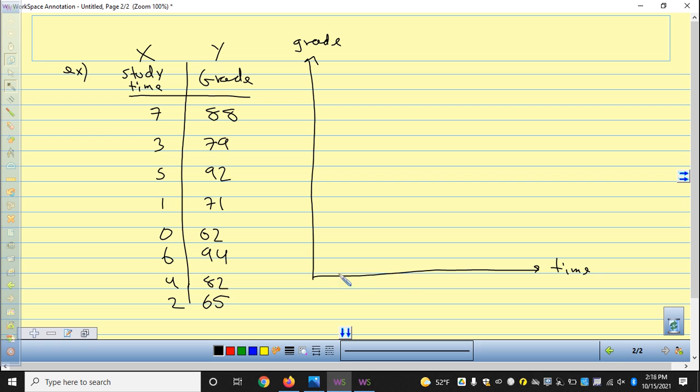So I'm just going to label my axis by 1s. So 1, 2, 3, 4, 5, 6, 7. And our grade, I'm going to go by tens on my grade axis. So 10, 20, 30, 40, 60, 70, 80, 90, 100. That seems like a good scale to use there.